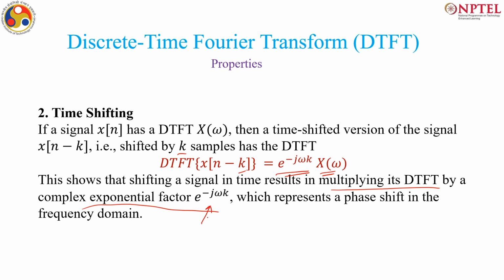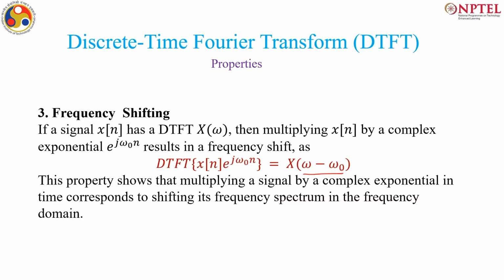This factor does not change the amplitude because it has unit amplitude. It only changes the phase spectra, and this is why phase spectra is also very important in many signal processing applications.